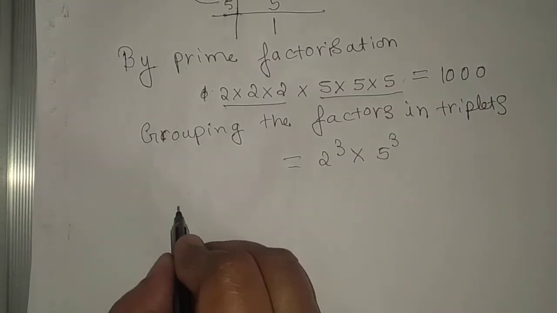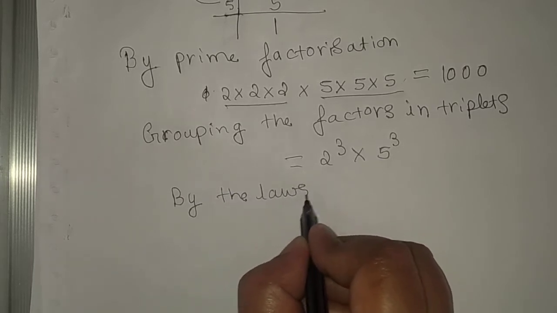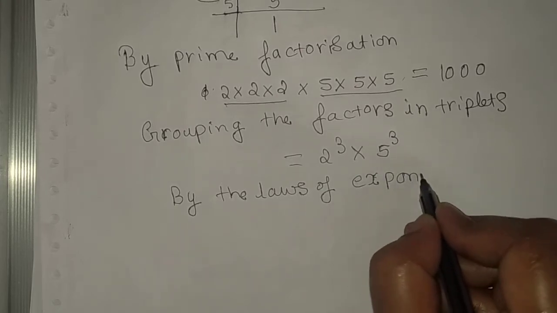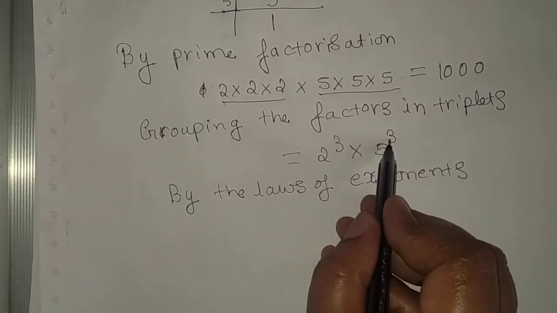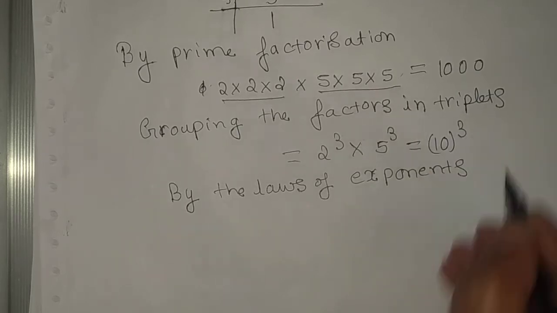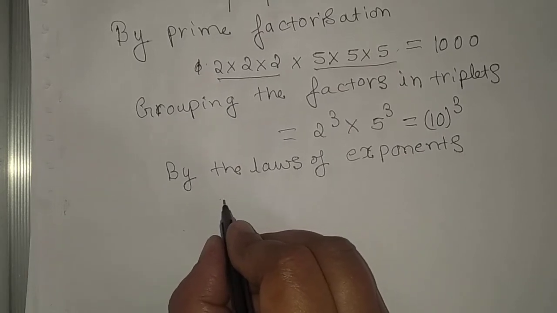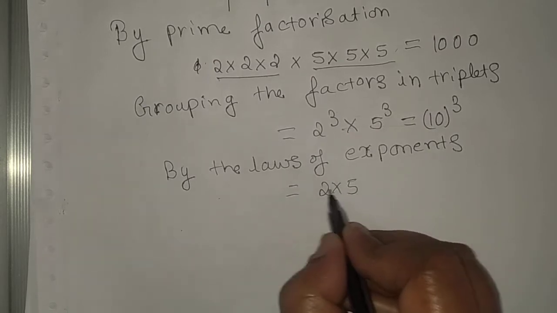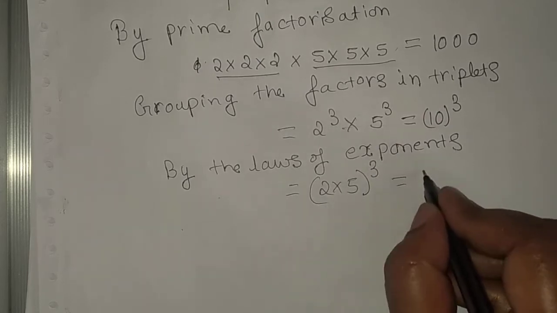So now by the laws of exponents, which we used in the first problem, we take common the power, or we can write this directly as 10 cube: 2 into 5 the whole cube is equal to 10 cube.